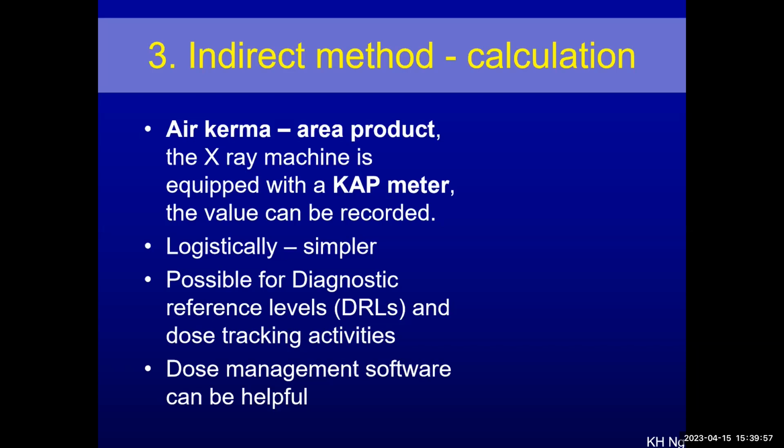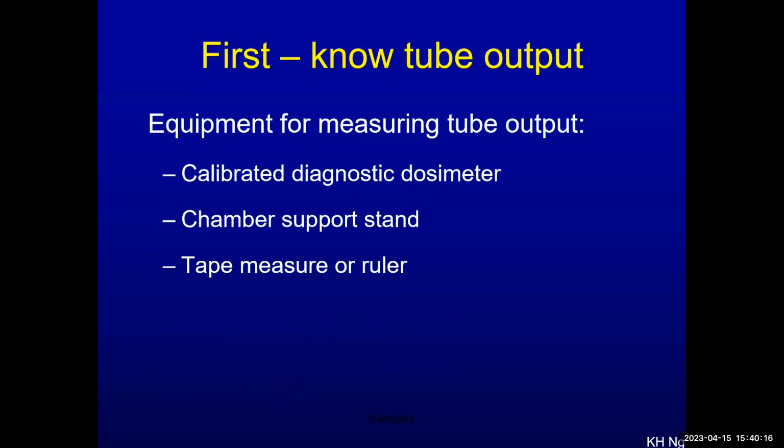It can also relate the tables to the ESAK as well. So it is a simpler method. It is good for DRL, and if you want to do optimization or audit purposes, that is the indirect method.